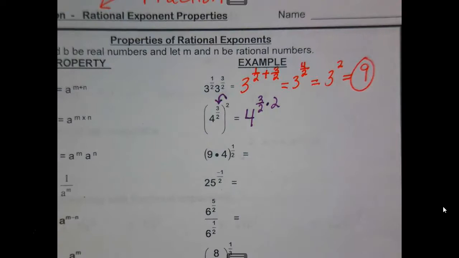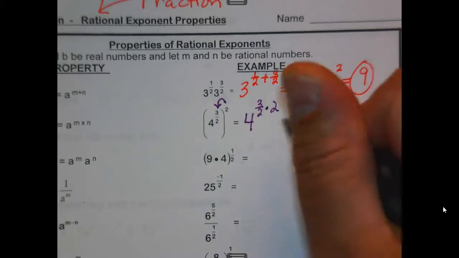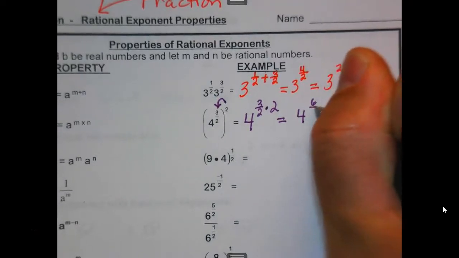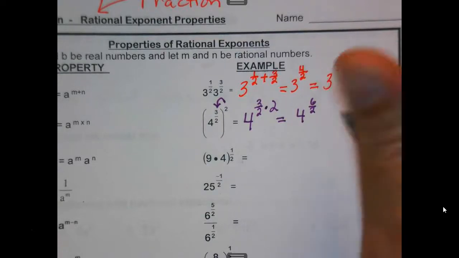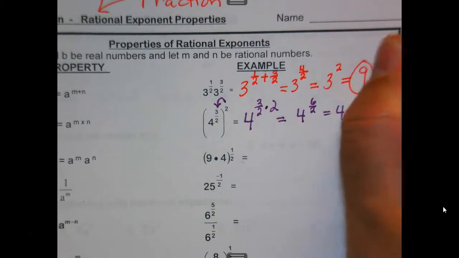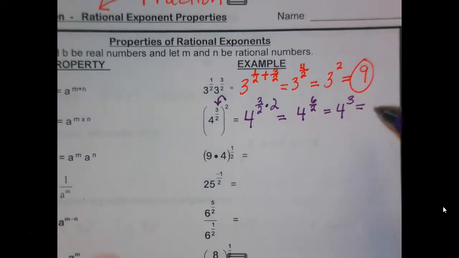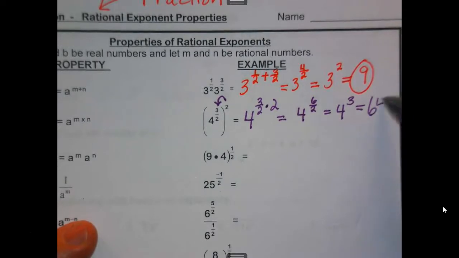What do I get? 6/2. Thank you very much. 4 cubed. You want to simplify that? 4 cubed is?